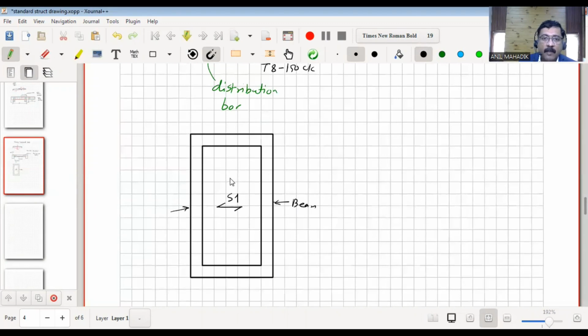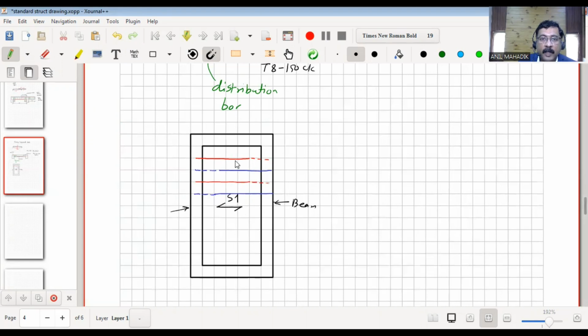As it is a one-way slab, then we will have main steel in this direction like this. So as I told you, this will be your main steel. Like this, alternate bar bent up.